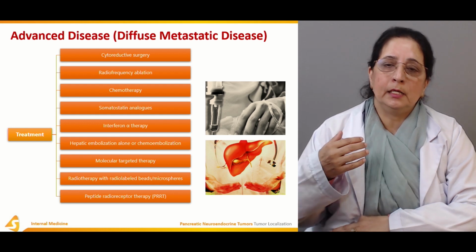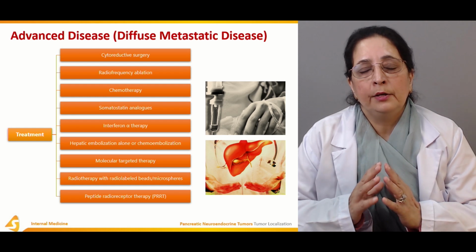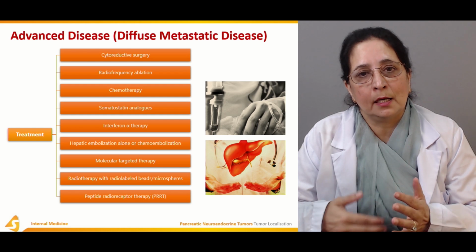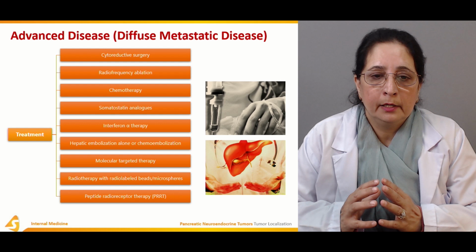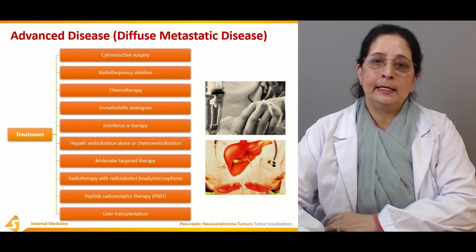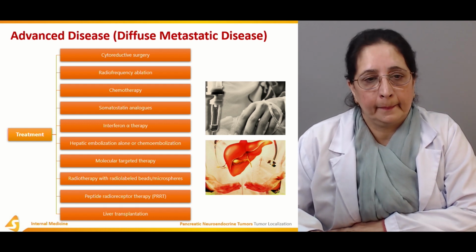So all these are different treatment options for neuroendocrine tumors which have already metastasized to other areas. And ultimately, liver transplantation if required.